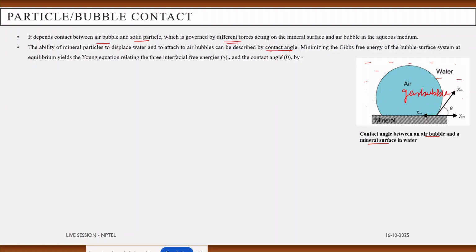So this is the definition of the contact angle. Now minimizing the Gibbs free energy of the bubble surface system at equilibrium yields the Young equation relating the three interfacial energies and the contact angle.